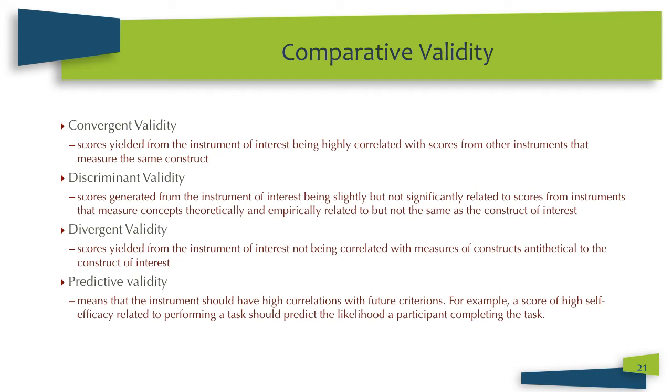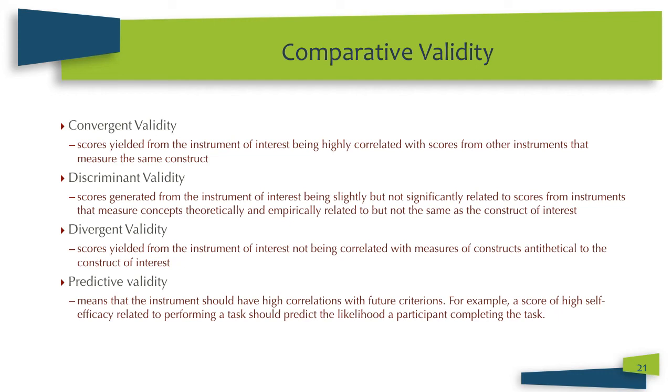That is divergent validity. Then is predictive validity. What does that mean? We've already talked about it, but the idea is that your instrument should have high correlation with future criterions. For example, a score of high self-efficacy related to performing a task should predict the likelihood that a participant would complete a task.